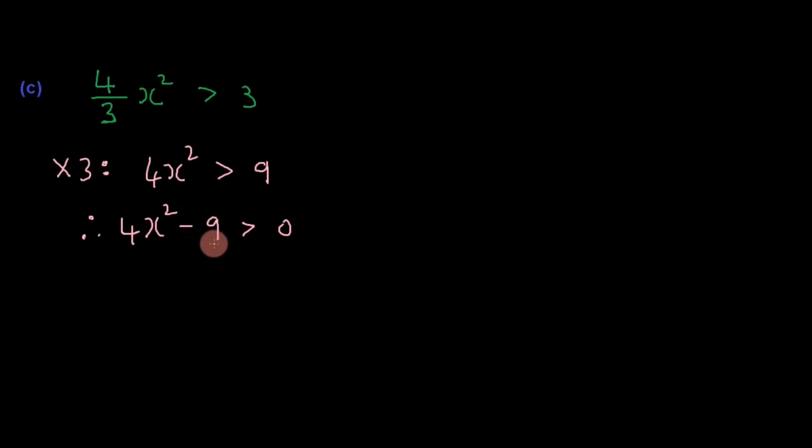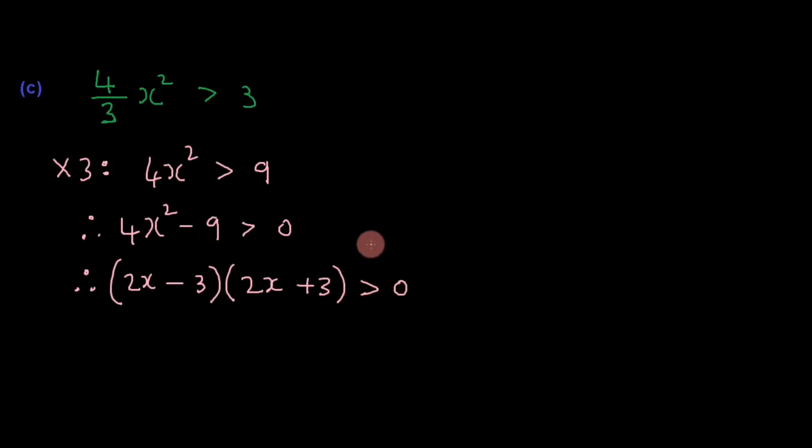And we have a difference of squares, so we can factorize. The square root of 4x squared is 2x minus the square root of 9 being 3. And this, of course, is multiplied by 2x plus 3 greater than 0. Now we can draw a parabola.